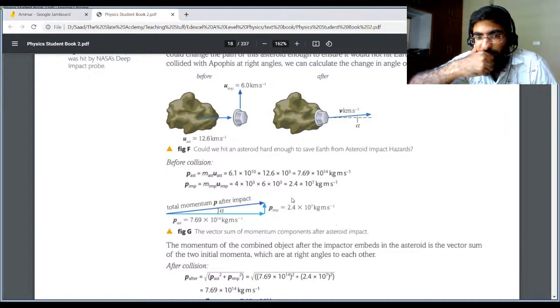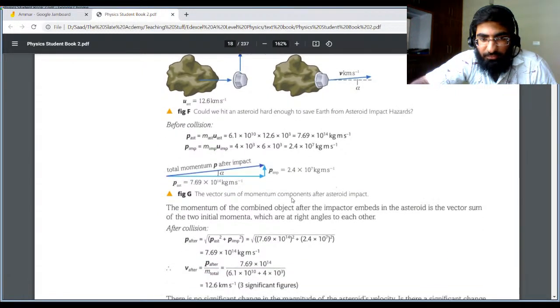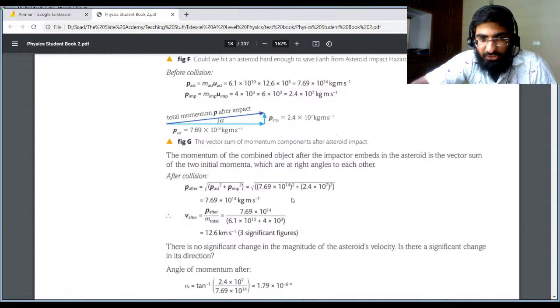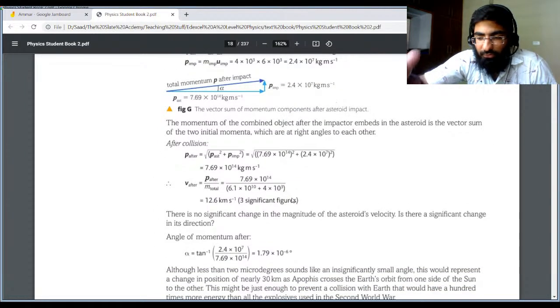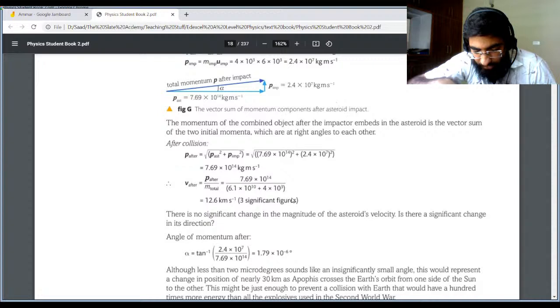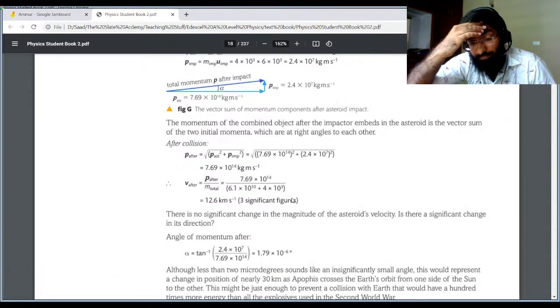So, for example, previously before launching this particular projectile, at what angle do you want it to make impact with the asteroid?